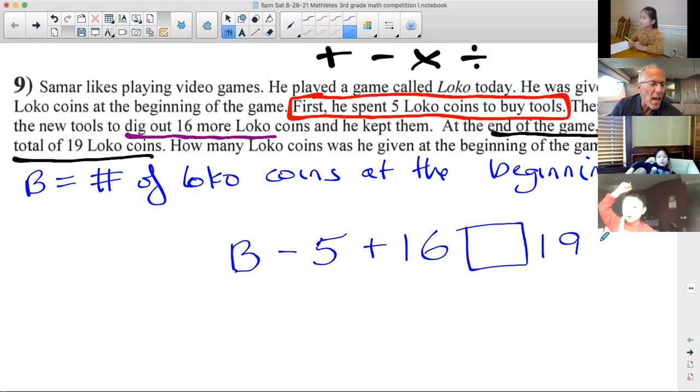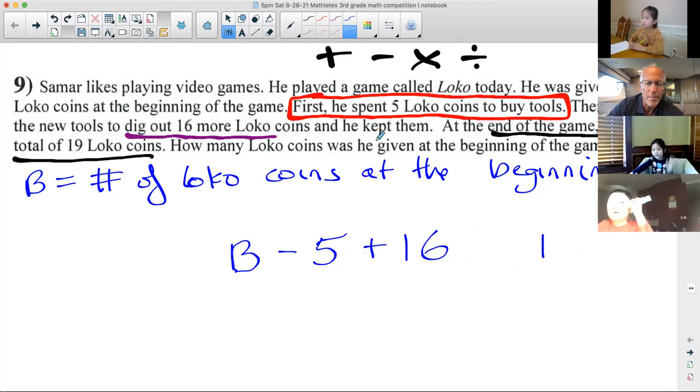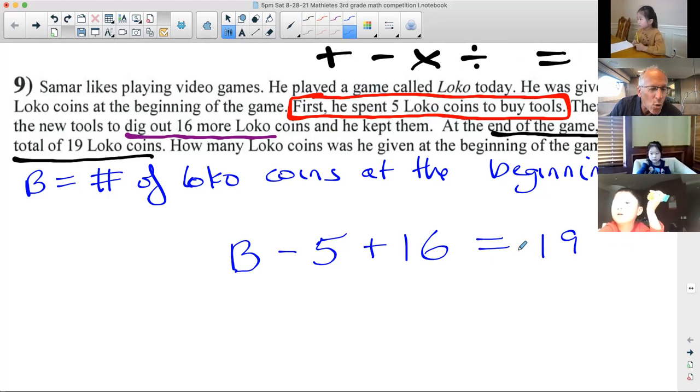It sounds like, Jason, you have an idea. What do you think, buddy? Equals. So equals is not an operation, but it becomes an equation. So everybody write down B minus 5 plus 16 equals 19.